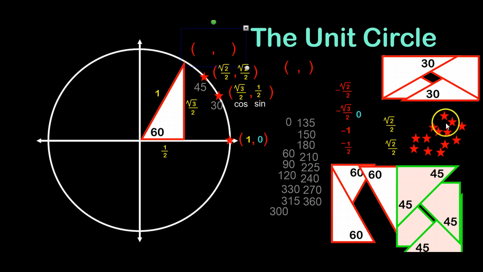is our next spot on our circle, 60 degrees. And the cosine value is essentially your x-coordinate, which is 1/2. And your sine value, which is your y-coordinate, is going to be root 3 over 2. And so what we just determined there is nothing we don't know already.